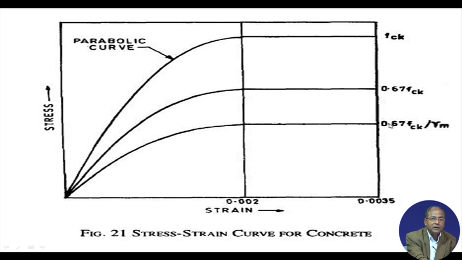That means 0.444, and generally we write 0.445 or 0.45 fck, where fck is the strength of the concrete. That is the value we take here.